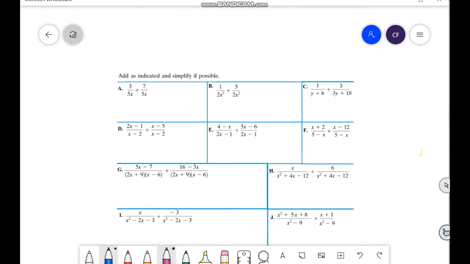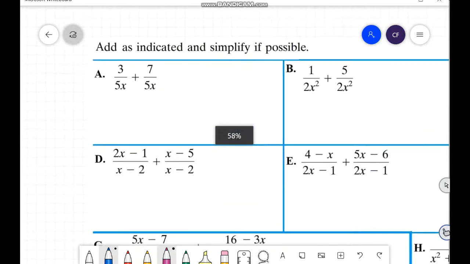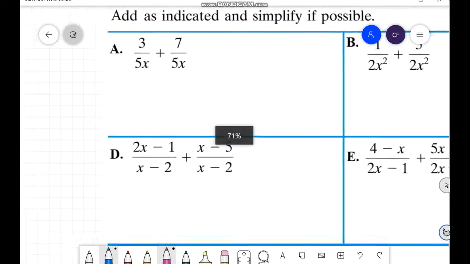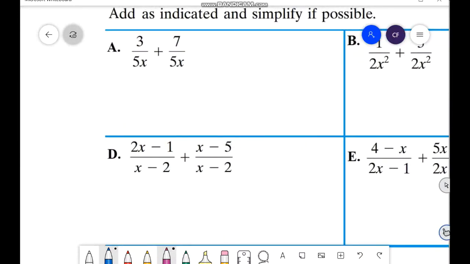Check this. Add as indicated and simplify if possible. So the first question we have here is 3 over 5x plus 7 over 5x equals what? Working this, we have the same denominator, so repeat the denominator, 5x, and we add the numerators, 3 plus 7. Nice?